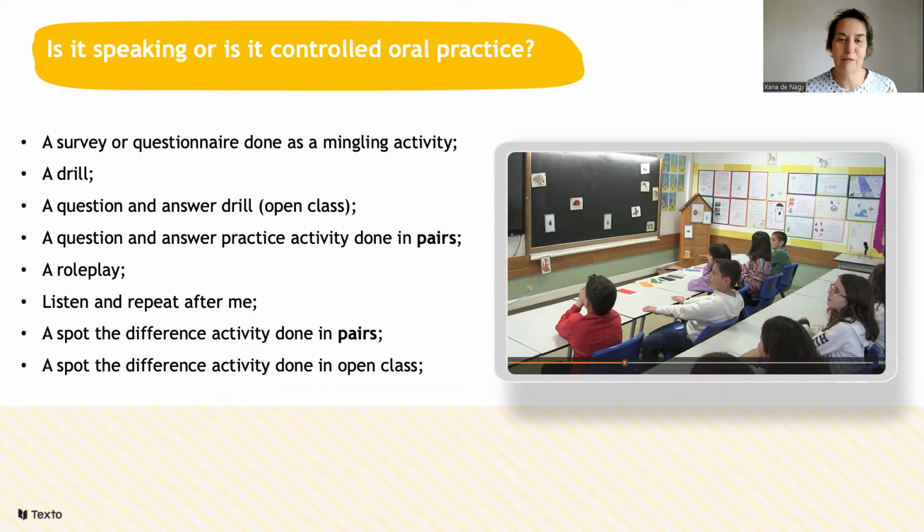And again, here we have three options: the teacher to the whole class, the teacher to individual students, or open pairs, so two students doing it across the class with everyone else listening. And an information gap or an opinion gap activity. These activities, I think, are quite common and a way for the students to interact with each other.